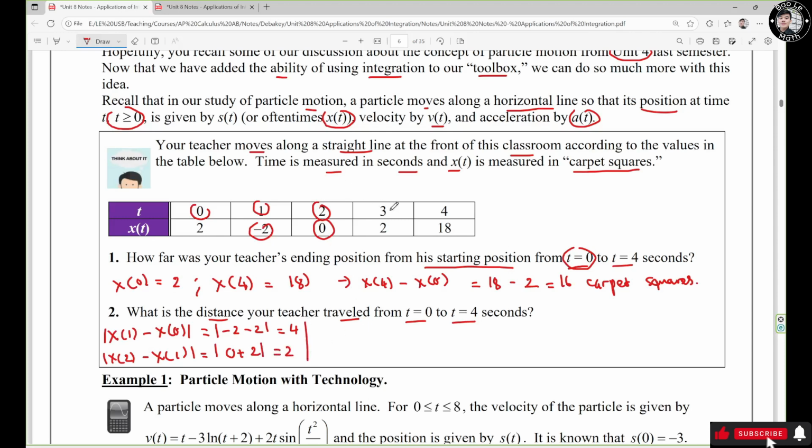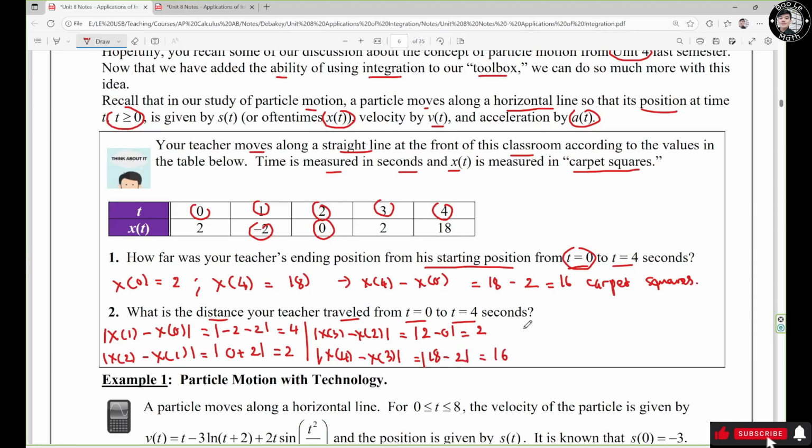Next, from 2 to 3, it's going to be s of 3 minus s of 2, equals the absolute value of 2 minus 0. It's going to be 2. Next one, from 3 to 4, s of 4 minus s of 3 equals 18 minus 2, and it's going to be 16.